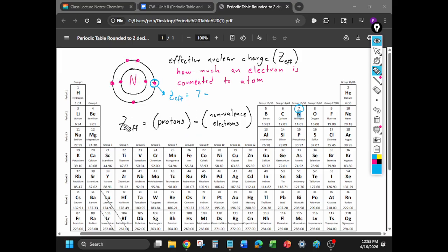How many electrons does nitrogen have in the non-valence shells? 2, yeah, it's just going to be these two. So 7 minus 2, very easy calculation. It is 5. Okay, so the Zeff experienced by these valence electrons in nitrogen is just going to be the number 5. That's, I guess, like the strength.